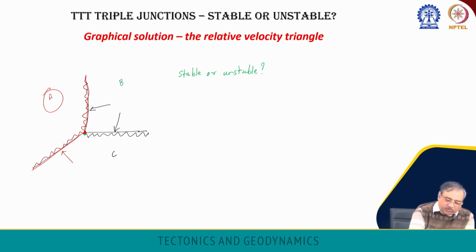In this case, if plate B had to move forward, it would have moved to somewhere along here. Similarly, if plate C had been allowed to move forward with respect to plate B, it would have been somewhere here. So if plate A was completely made of glass, the frontal edge of plate C would have been at this particular position with time, and the frontal edge of plate B would have been in this position.